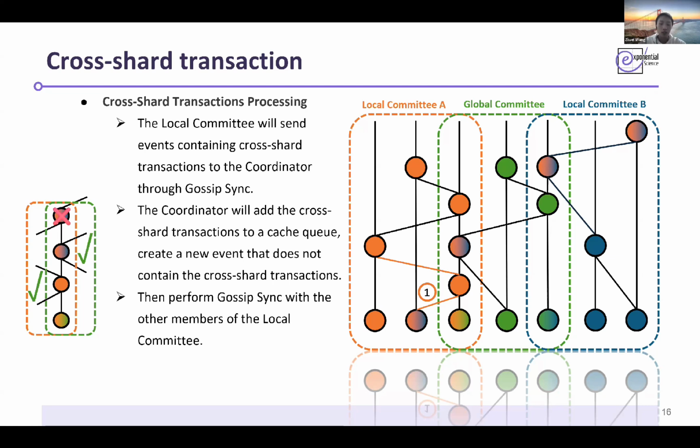Since nodes in each committee don't have the hashgraph from other shards, they cannot accept events from other shards directly.